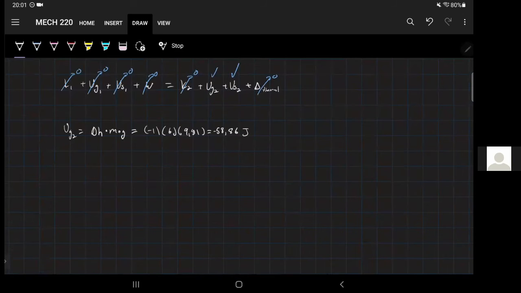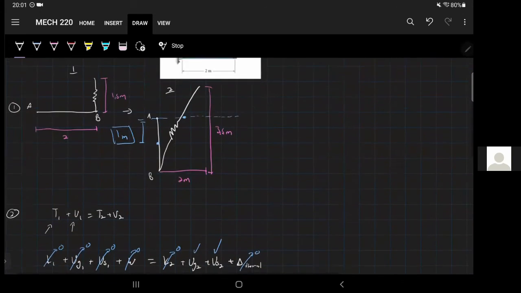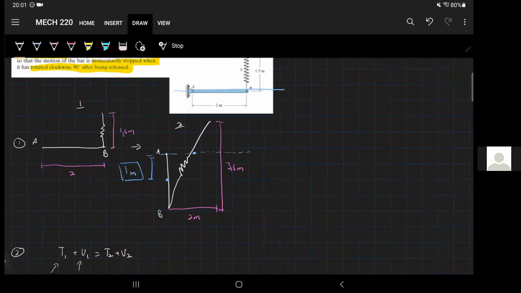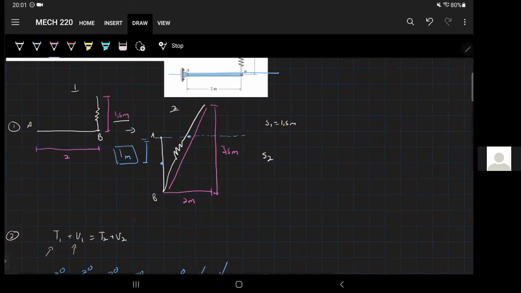And then for the spring, it's going to be 1 over 2 k delta s squared, right? Delta s being just the change of length. And so I'm going to come back here, right? The length at the beginning is 1.5. So let's say S1 equals 1.5 meters. And then for S2, I'm going to use Pythagoras to find this length here. S2 is going to be the square root of 3.5 squared plus 2 squared, right?